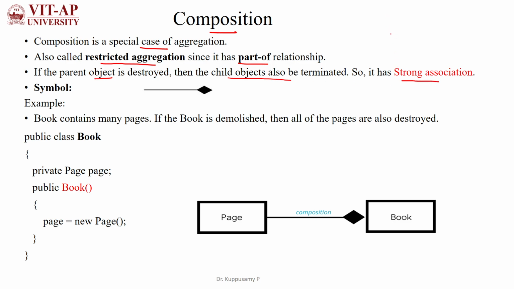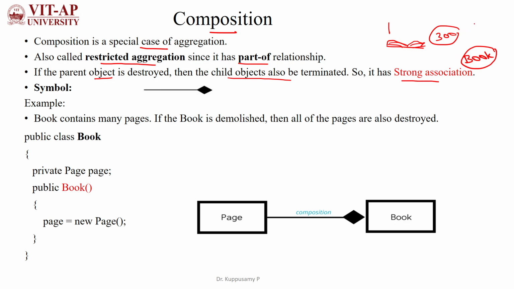For example, if you have a book, it will have so many pages. So when you have 300 pages and you destroy the entire book, that means you are burning this entire book.